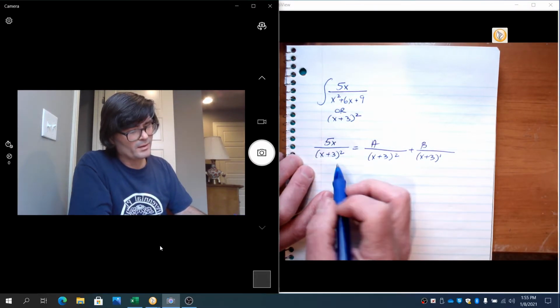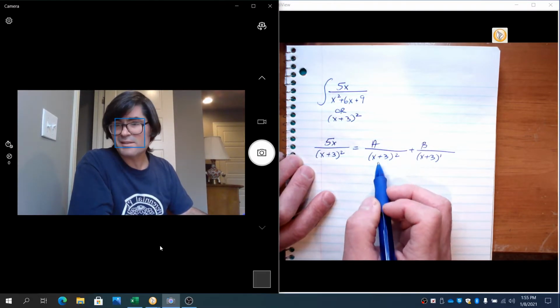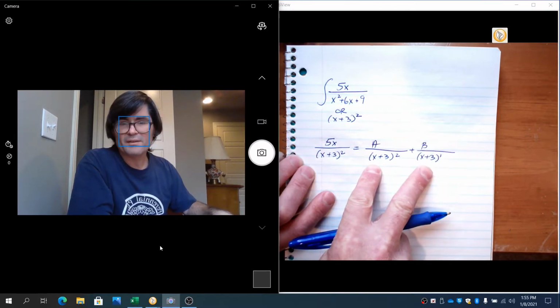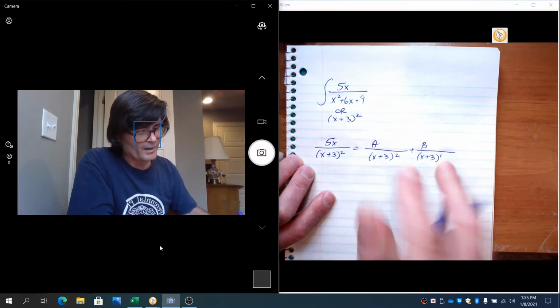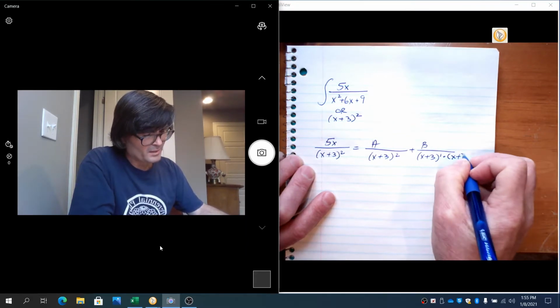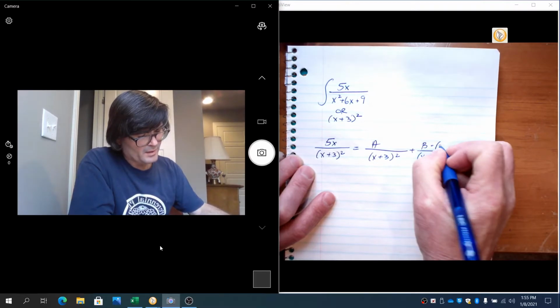So now to add these together, A is just there. It really doesn't need anything. If I want a common denominator, obviously it'll be (x plus 3) squared. And this has already got x plus 3 squared, so the A just kind of chills there. This is going to be times x plus 3.